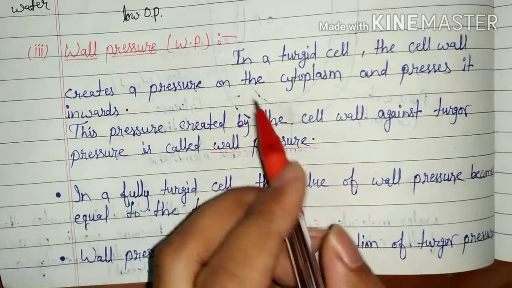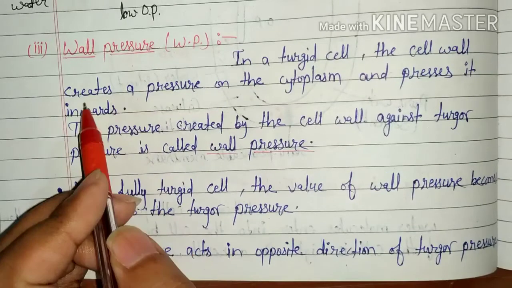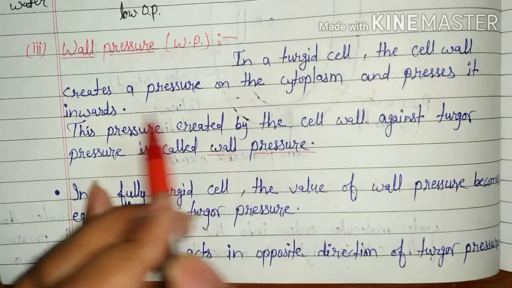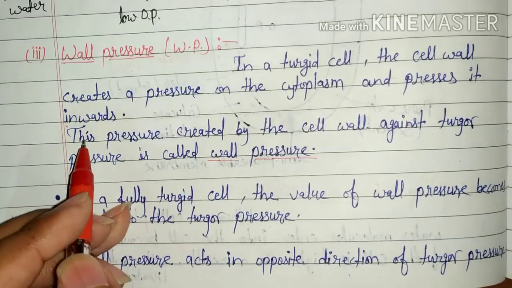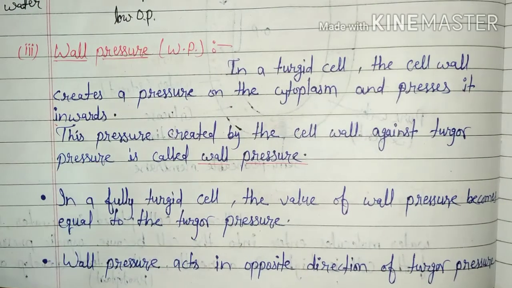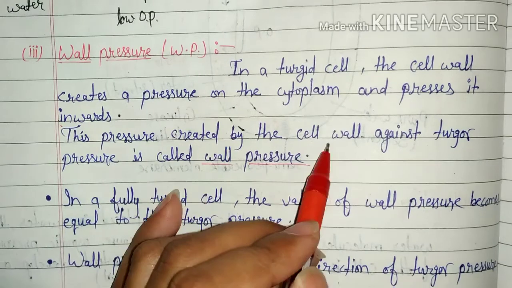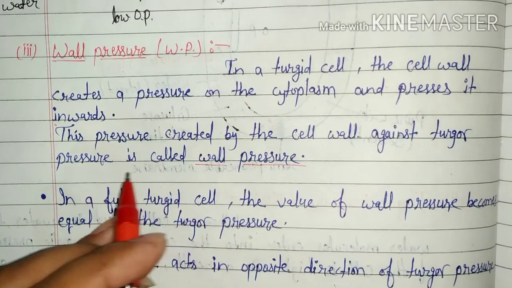Next, wall pressure. In a turgid cell, the cell wall creates a pressure on the cytoplasm and presses it inwards. So, it is the opposite pressure of turgid pressure, created by the cell wall against turgid pressure.